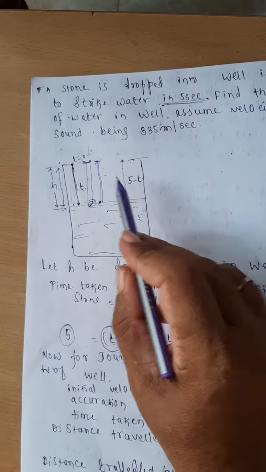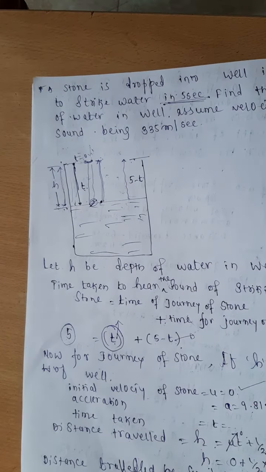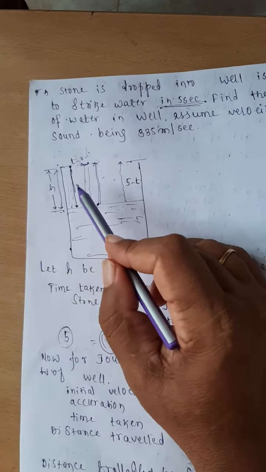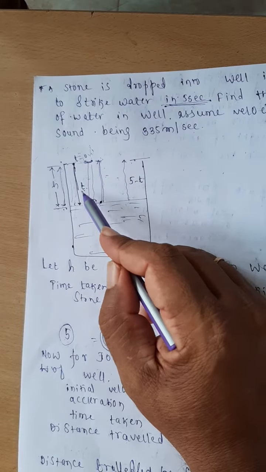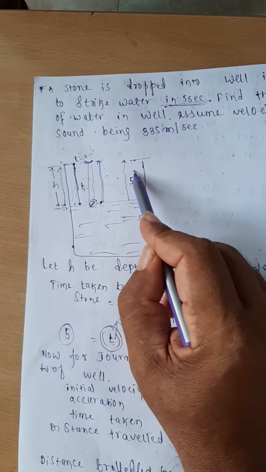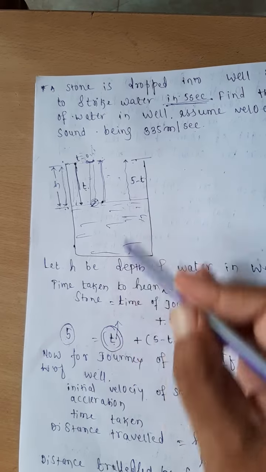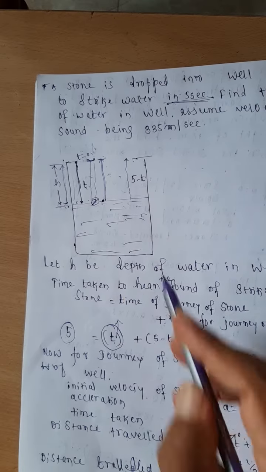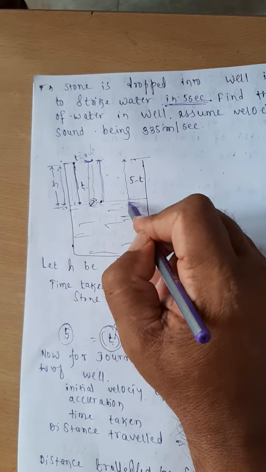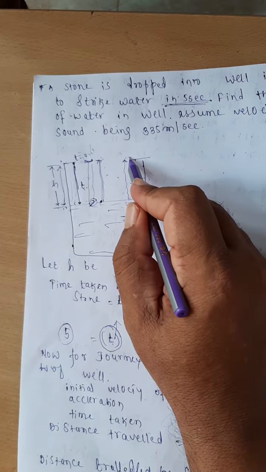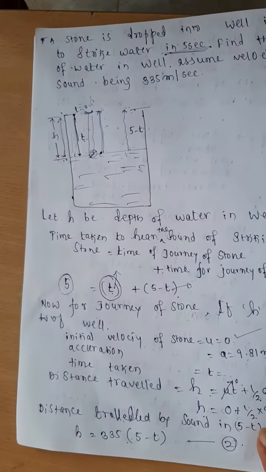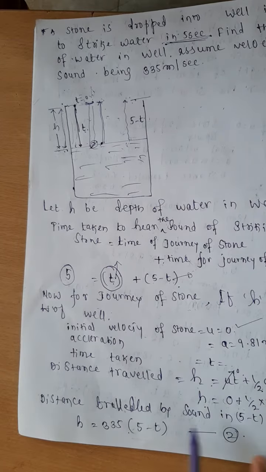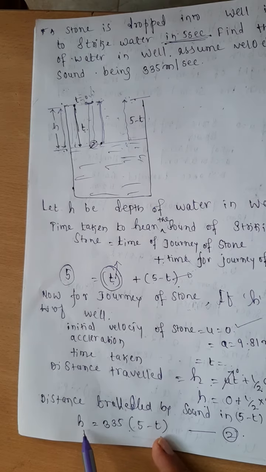Here t we have assumed as 5 minus t, right? As the total time is 5, the stone takes a time t and the remaining time is taken by the sound. Therefore, the distance traveled by the sound in 5 minus t seconds: how much distance does it travel in 5 minus t seconds? It will travel again the same distance, equal to h.